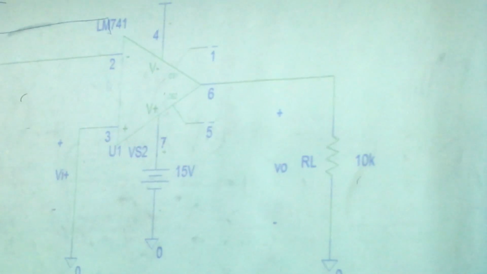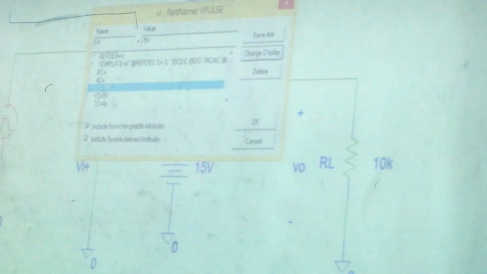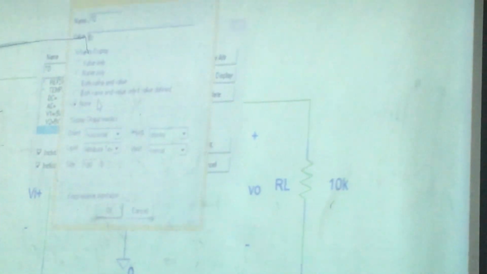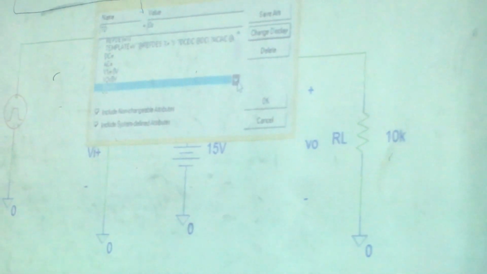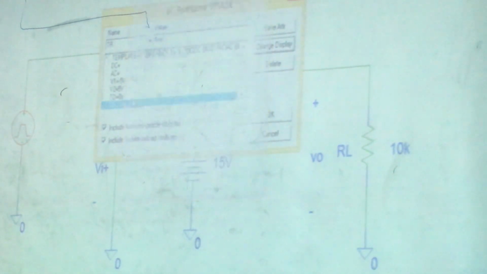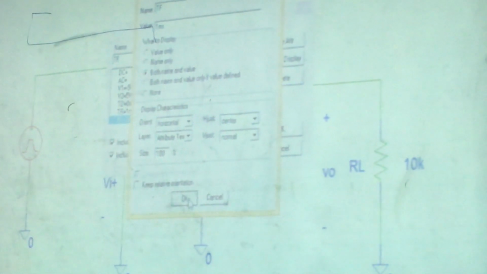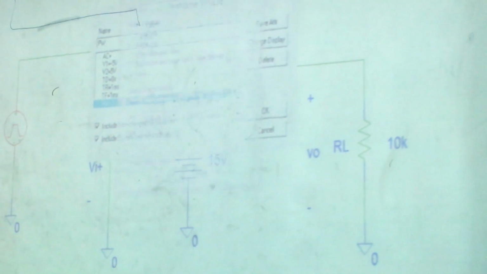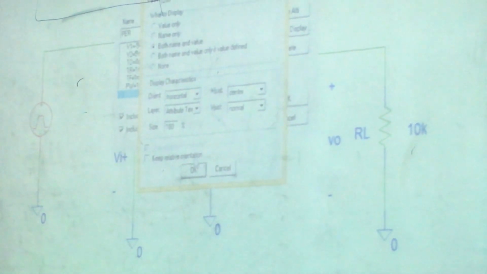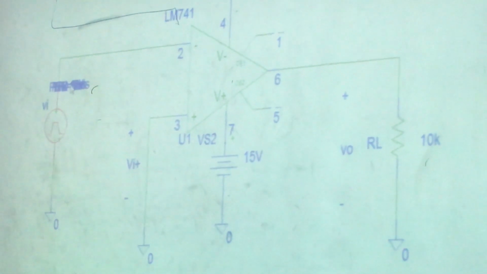Make them visible. PW plus 2 microsecond and 2 milliseconds. So all are overlapping there, all those 7 parameters, you just separate them.